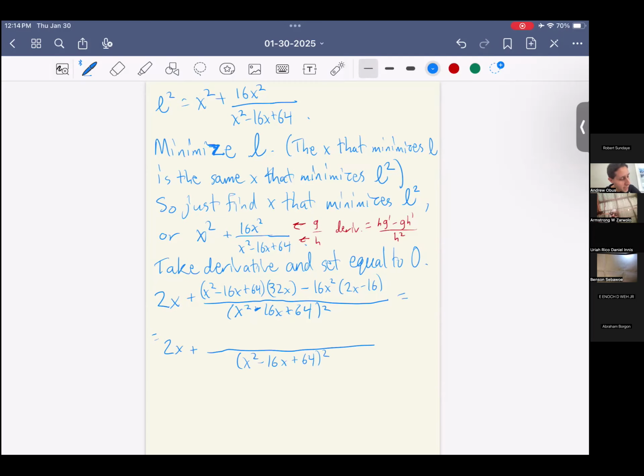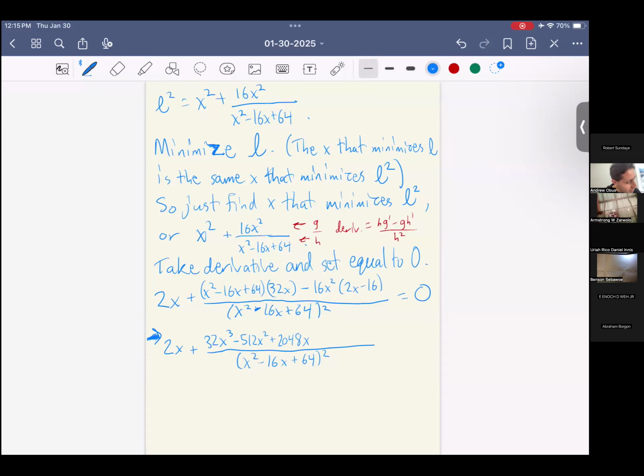Right, so sorry, we want to set this equal to 0. And so that's the same thing as saying 2x. Let's simplify the numerator. I'm going to multiply through 32x by everything here. So I'm going to get 32x cubed minus 32 times 16 is 512, so minus 512x squared. And then plus 32 times 64 is 2048x.